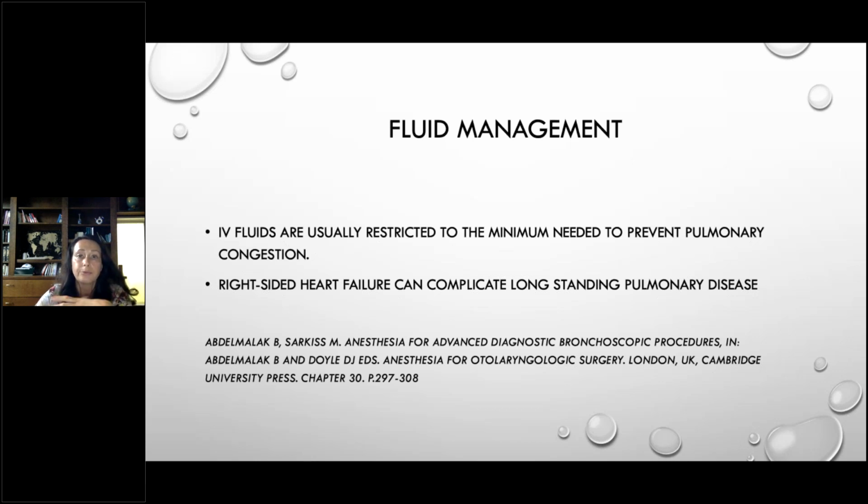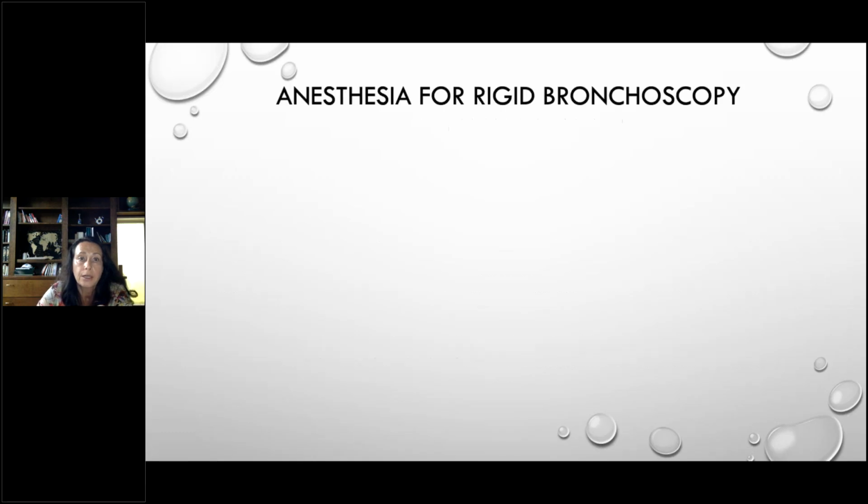So we end up with hypotension, and either we start pressors or we give more fluid. So we end up giving at least 800 cc's of IV fluid for a standard procedure lasting an hour and a half.